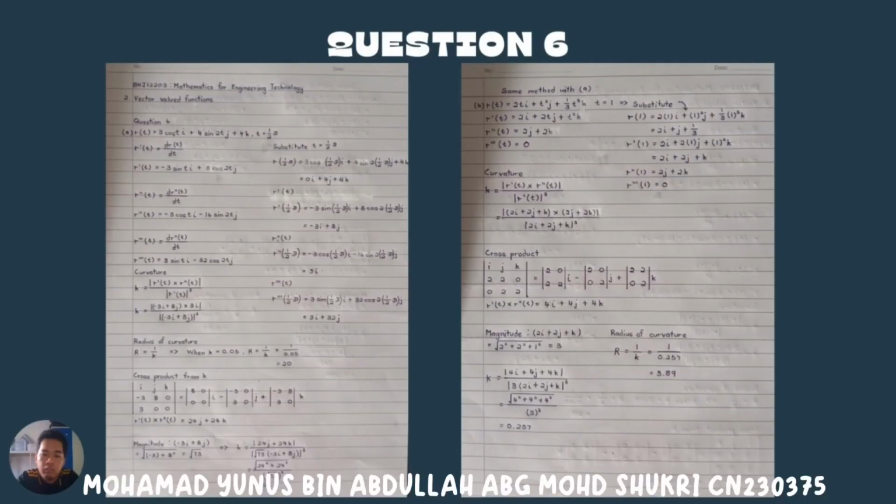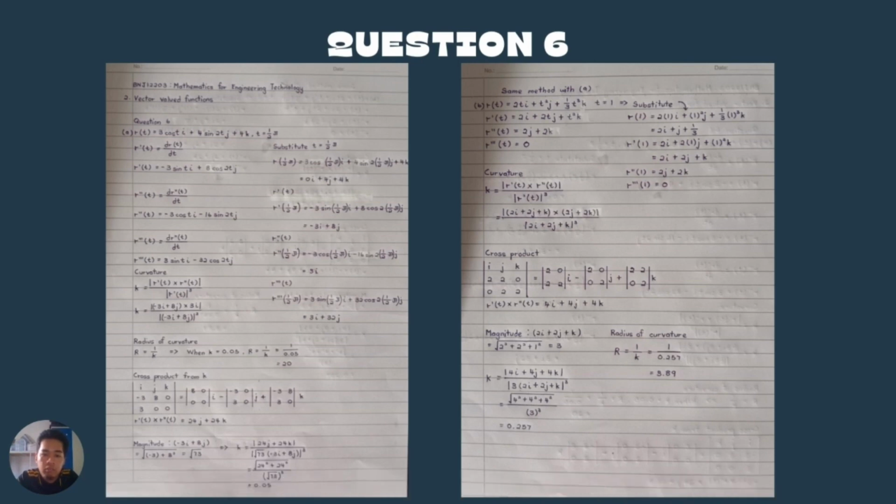Assalamualaikum. My name is Muhammad Yunus bin Abdullah. I continue the vector for question number 6, A and B. Both questions use the same method, which is that we need to find the first, second, and third derivatives for this question.